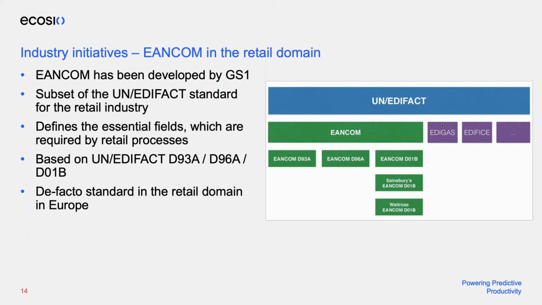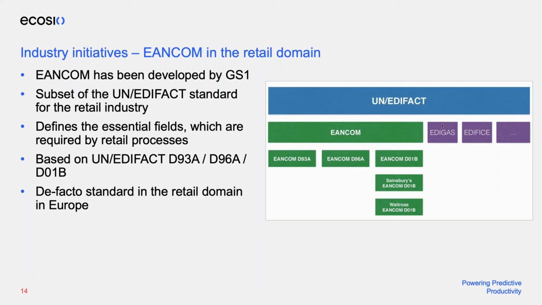EANCOM itself is a subset of UN EDIFACT, as VDA is, and it defines the essential fields which are required by retail processes. It is based on UN EDIFACT D93A, D96A, and D01B. And actually, it is the de facto standard in the retail domain in Europe.